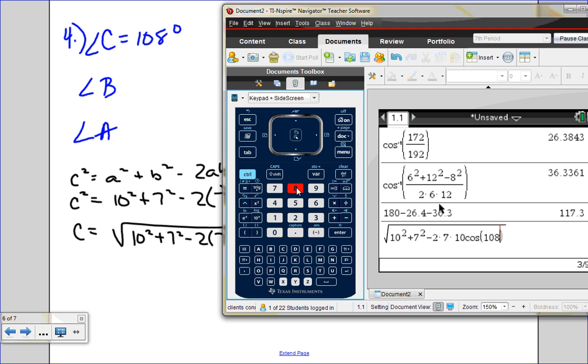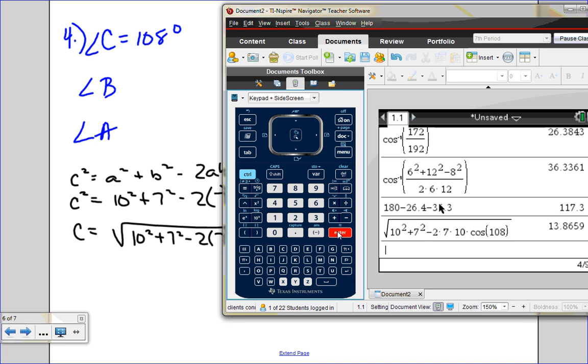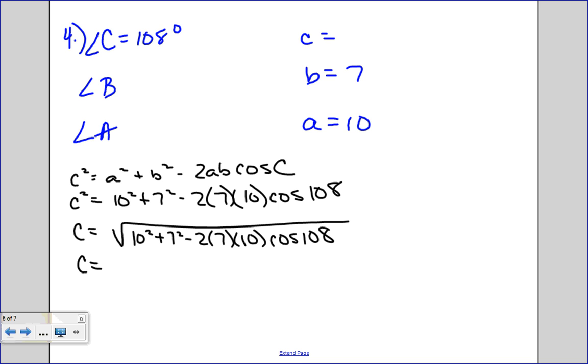That's angle C. And hit enter. So what is side C? 13.9, right? So now I know that that's 13.9.